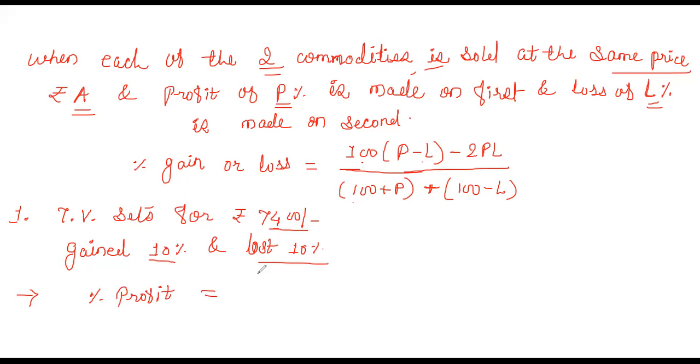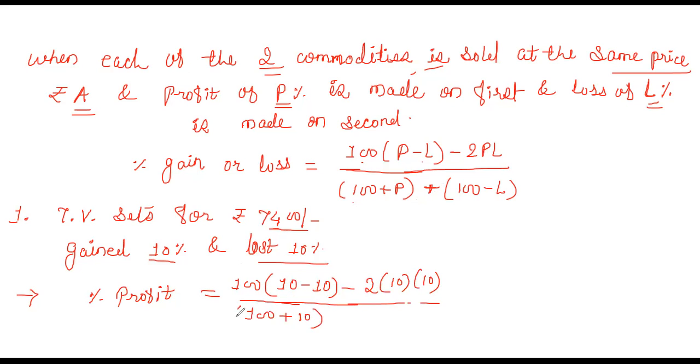It is equal to 100 into (P minus L), where P is 10 and L is also 10, minus 2 into P into L, divided by (100 plus 10) plus (100 minus 10).